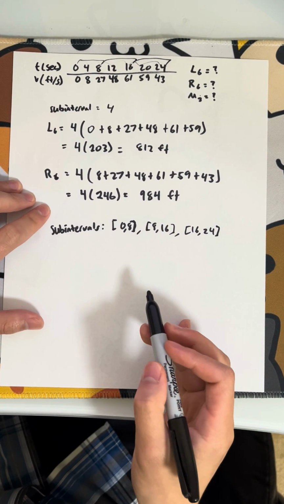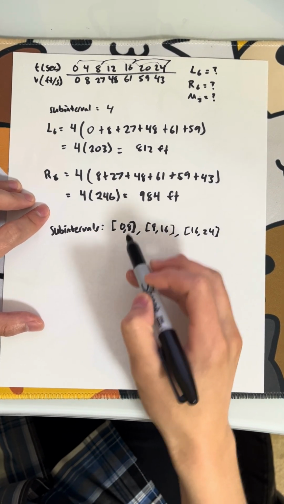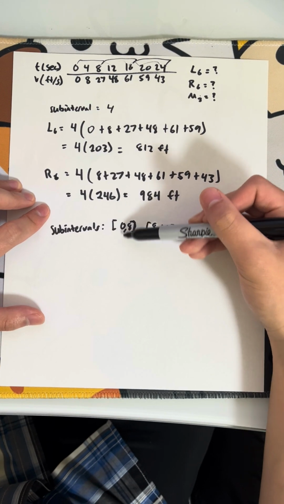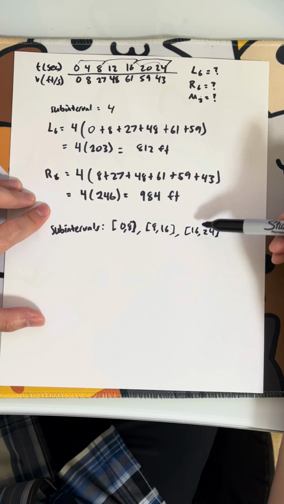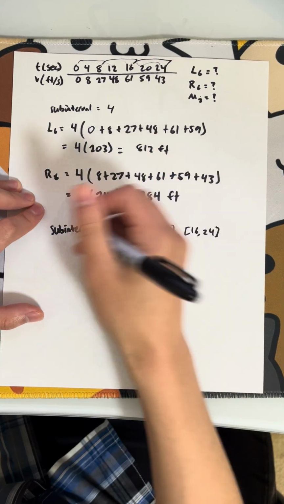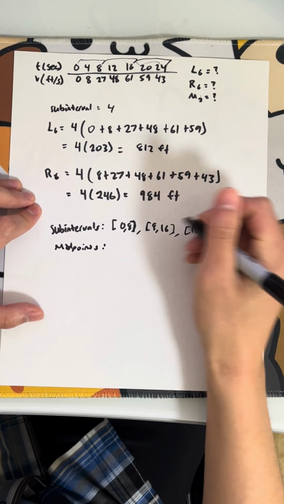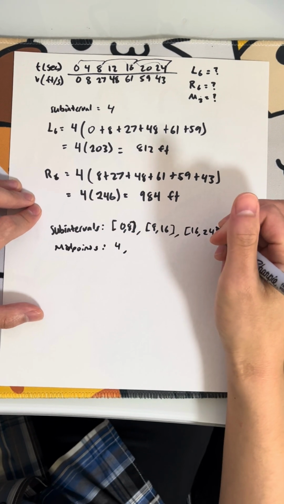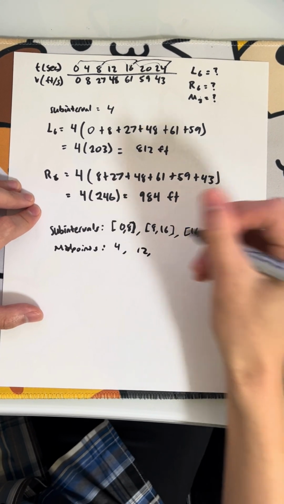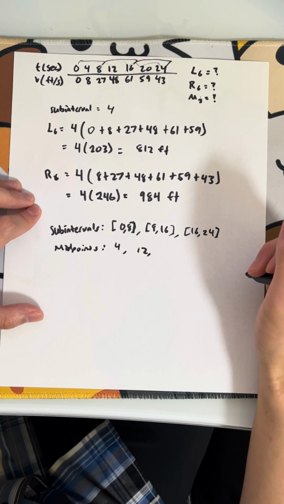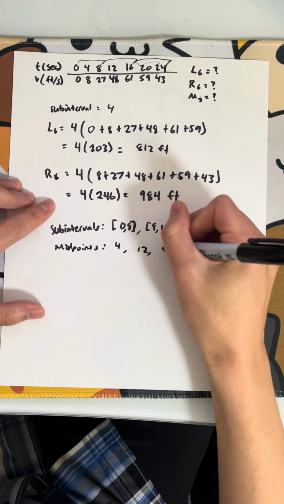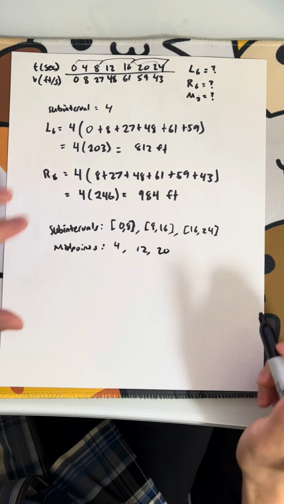The midpoint is pretty much the middle of each interval, which would be 4, 12, and 20.